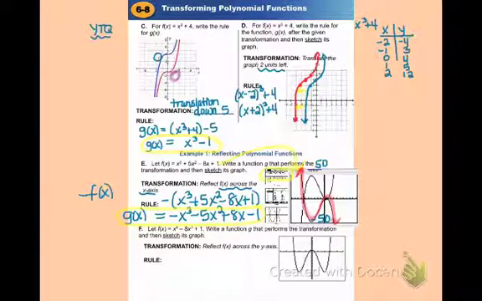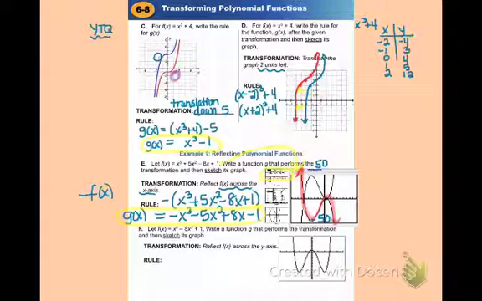Okay, so how about a reflection over the y-axis? So this time we have the function x to the 4th minus 8x squared plus 1, and it's graphed here. And again, the window has been adjusted somewhat to ensure that you could see the lower region of the graph.